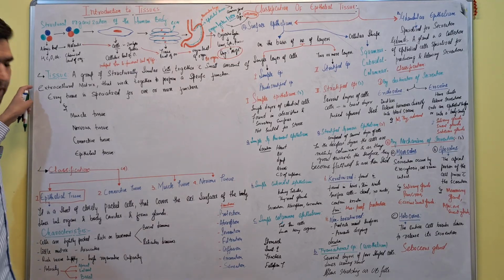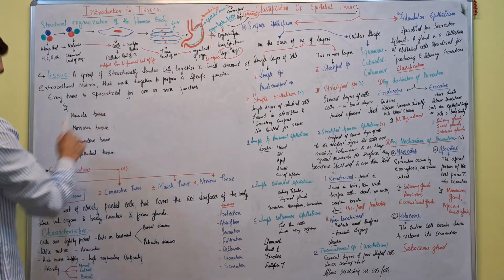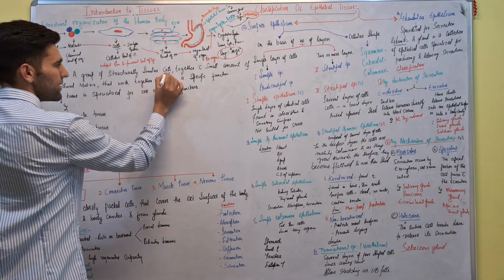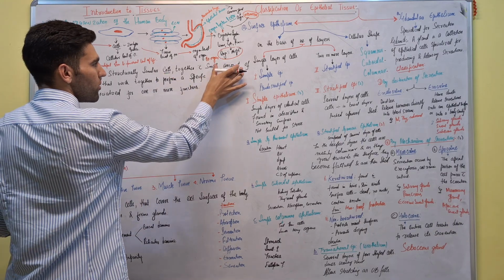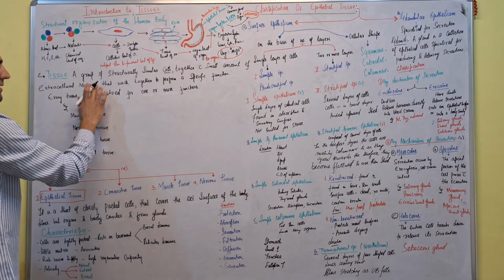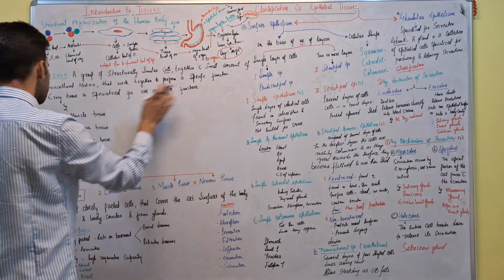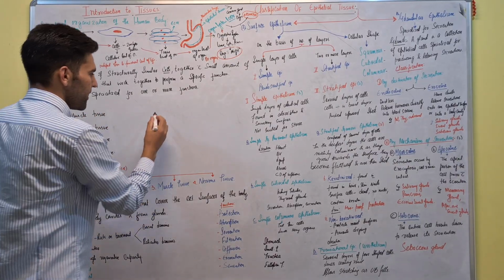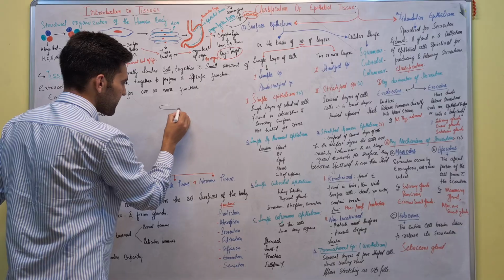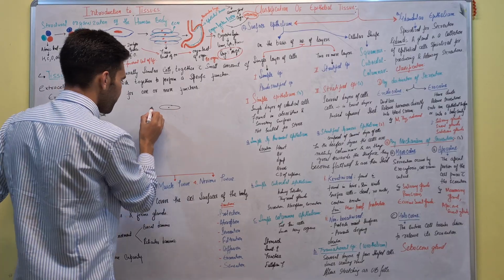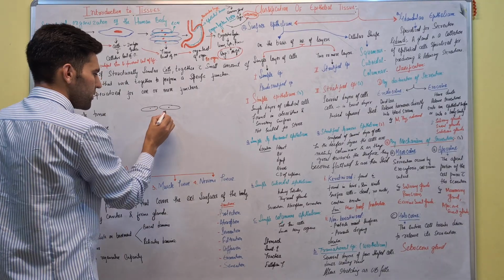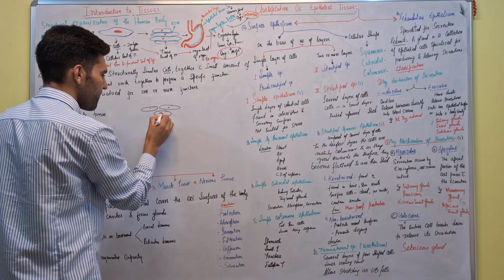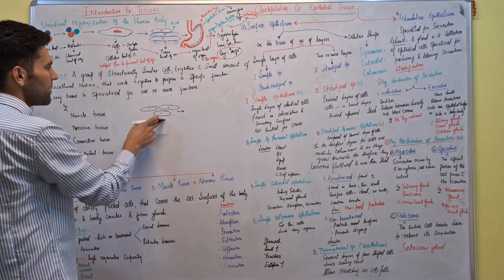Now coming to the actual definition, what actually is a tissue? A tissue is a group of structurally similar cells together with a small amount of extracellular matrix that work together to perform a specific function. Every tissue is specialized for one or more functions. What does this mean? This is one cell, this is another cell, and another cell. These are structurally similar cells.